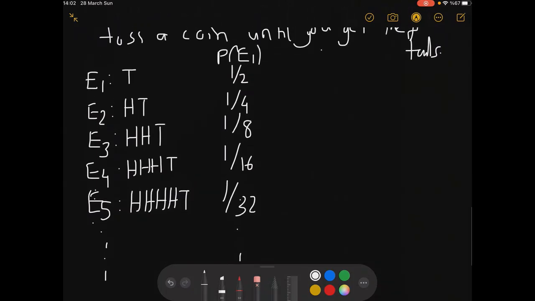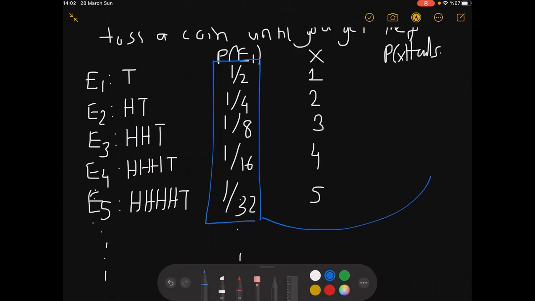And what is the corresponding x variable here? How many trials you do until you get the first tails. It is in the first trial, 2 trials, 3 trials, 4 trials, and 5 trials. And here you see the probability of x is exactly this event happening.